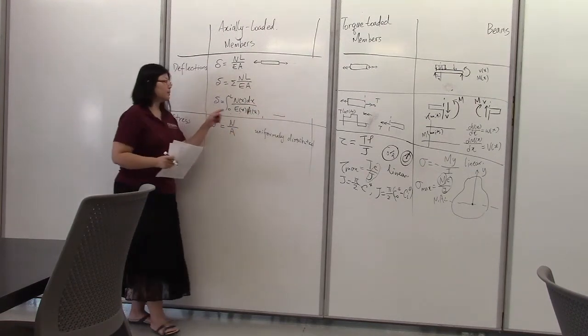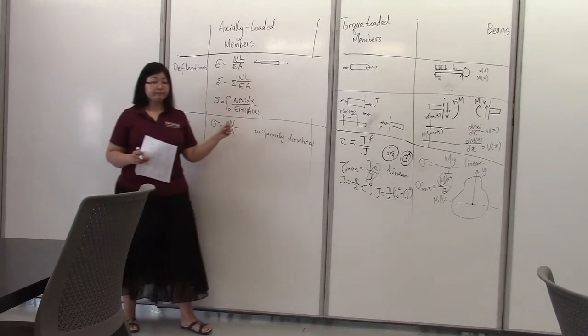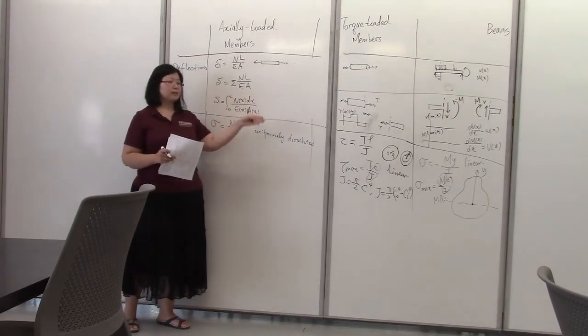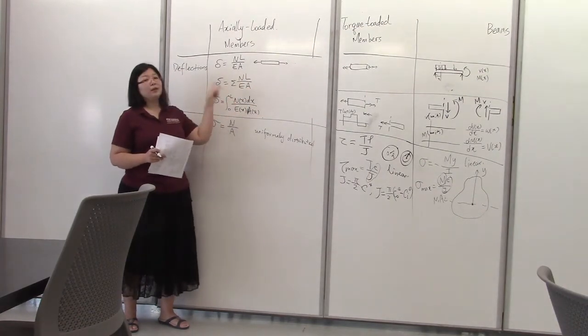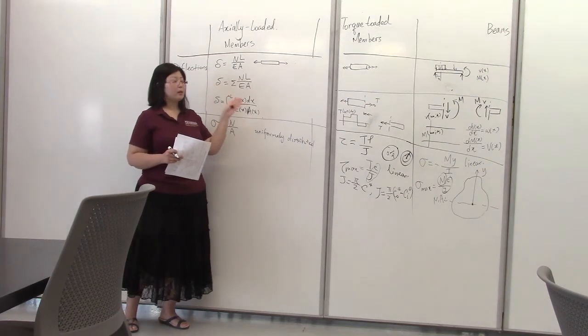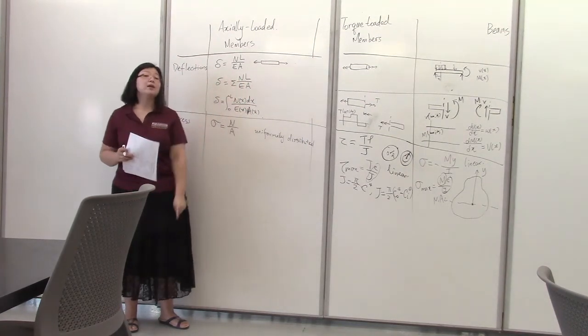Now the bottom formula is used when the cross-section of the bar changes as a continuous function along the length, or the internal load on cross-sections varies as a continuous function of x, or the material property varies as a continuous function of x.